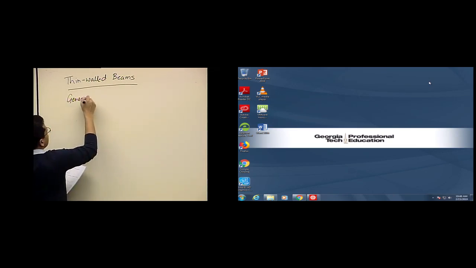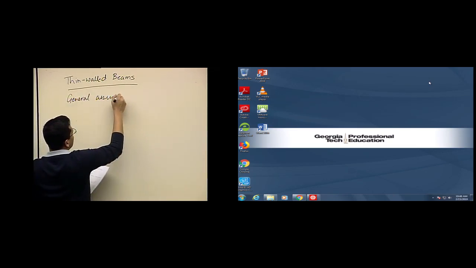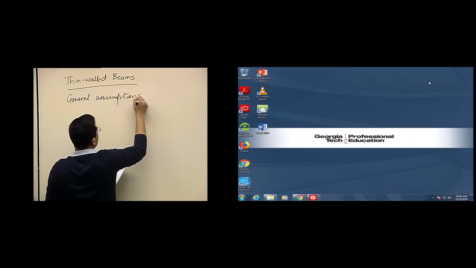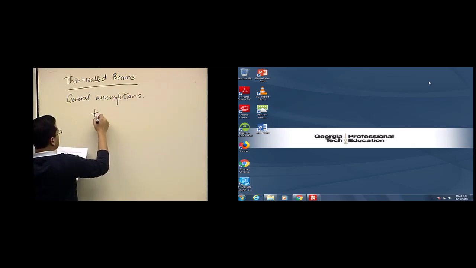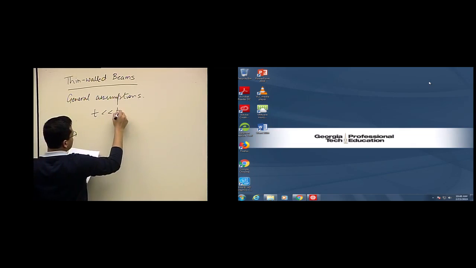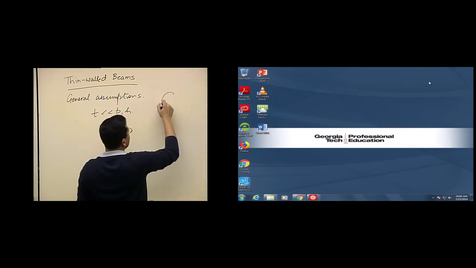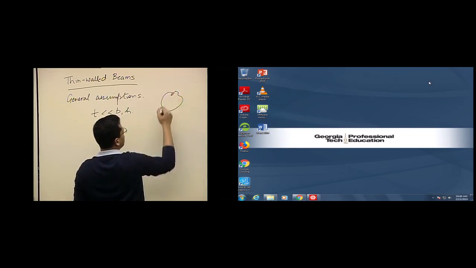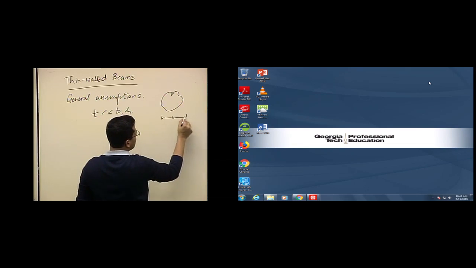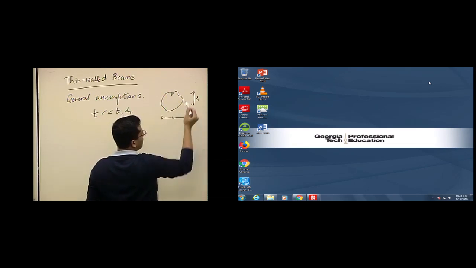So the general assumptions that we discussed in the last class were that the thickness essentially is much smaller than the cross-sectional dimensions, where you can define B and H as, for example, if this is a thin walled section, then you can give this as B or this as H, something like that.